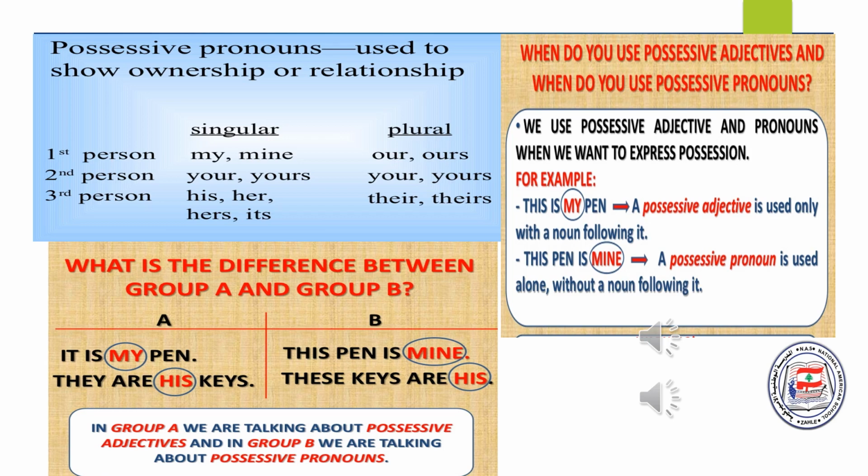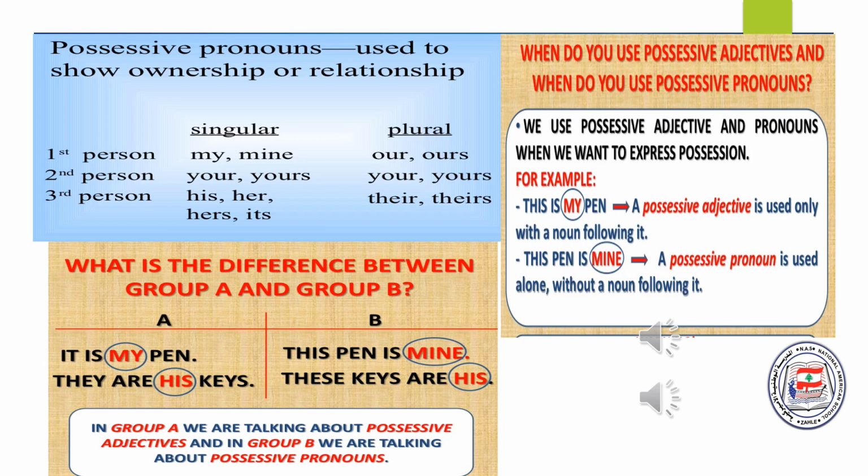My is a possessive adjective. A possessive adjective is used only with a noun following it. While this pen is mine, mine is a possessive pronoun. A possessive pronoun is used alone without a noun following it.